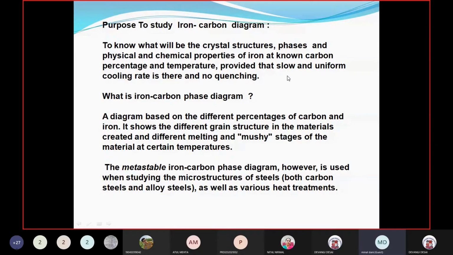Here they have provided a slow cooling rate, which I will come to at a later stage in heat treatment, where I will explain what slow cooling rate means. It is a very slow, uniform cooling rate: if you heat your material and then cool it very slowly, what different phases are present, that study is the iron carbide diagram.